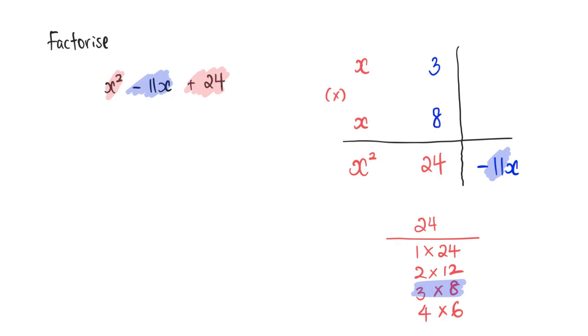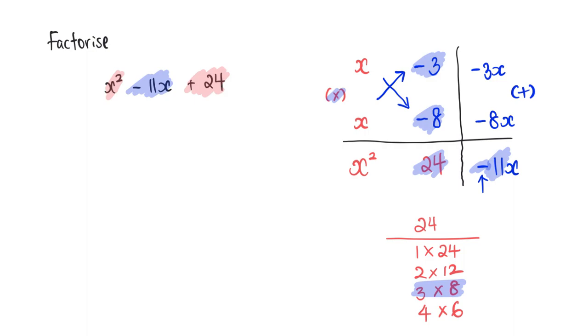Now the question is, how do I get the negative 11? So if I have negative 3 multiplied by negative 8, that will still give me positive 24. I repeat, negative 3 multiplied by negative 8 will give me positive 24. And when I multiply them, I will get negative 8x here, negative 3x here, and when I add them up, it does give me back my negative 11.